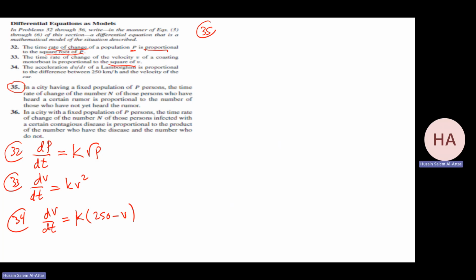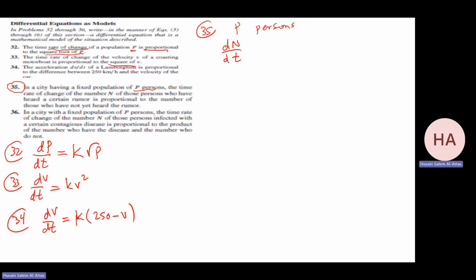35. In a city having a fixed, I have, in that city we have P persons. This is the total of all persons in that city. The time rate of change of the number n, so I have dn by dt. What is n? N is those persons who have heard a certain rumor.